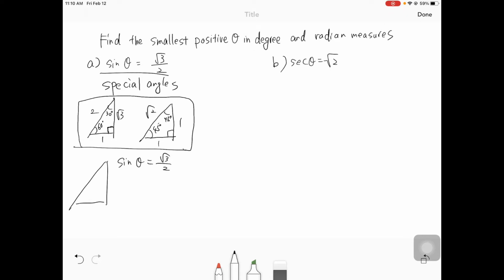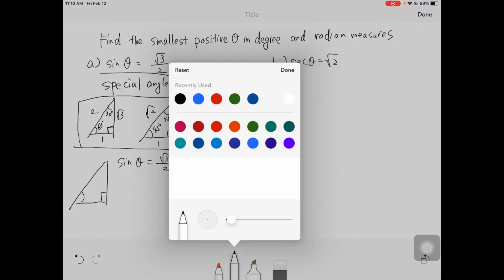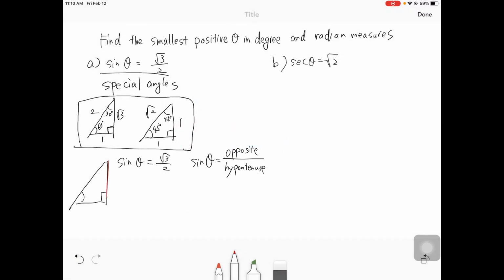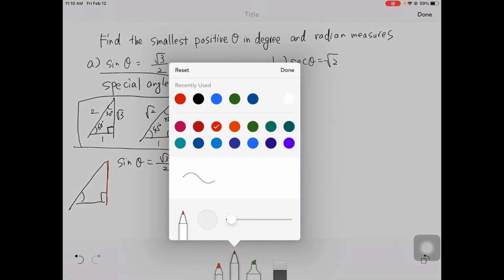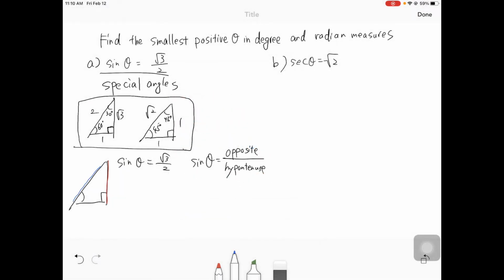So let me sketch a right triangle here. Then do you remember sine theta is opposite over hypotenuse, and opposite is the side here, and hypotenuse is the side here, I mean the longest side.